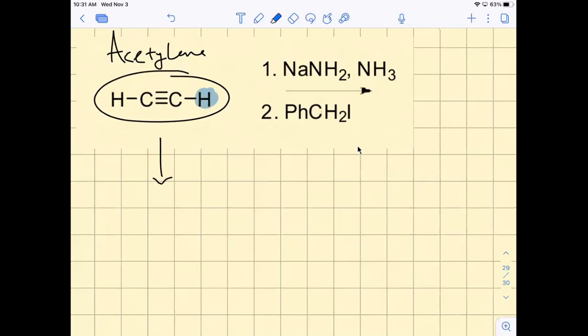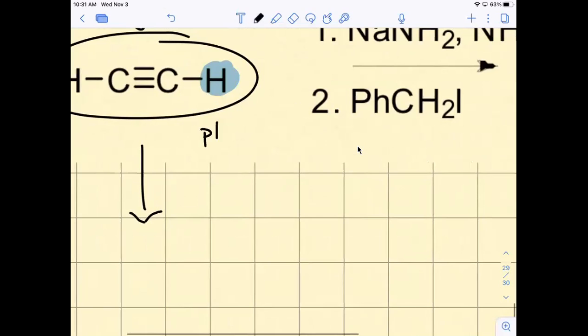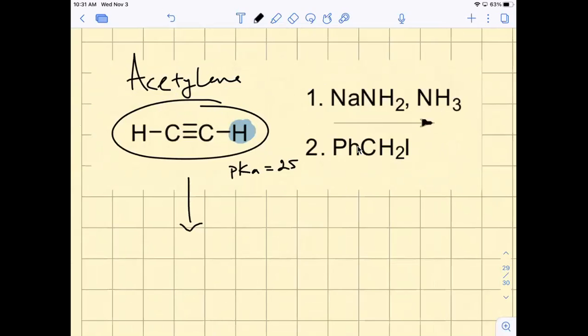What's the pKa of that proton? If you watch the alkynes video. Is it 25? About 25. Good, excellent. So I need a strong base. I could use a strong base to pull it. That's not very acidic, but a strong enough base can rip that proton off, right?